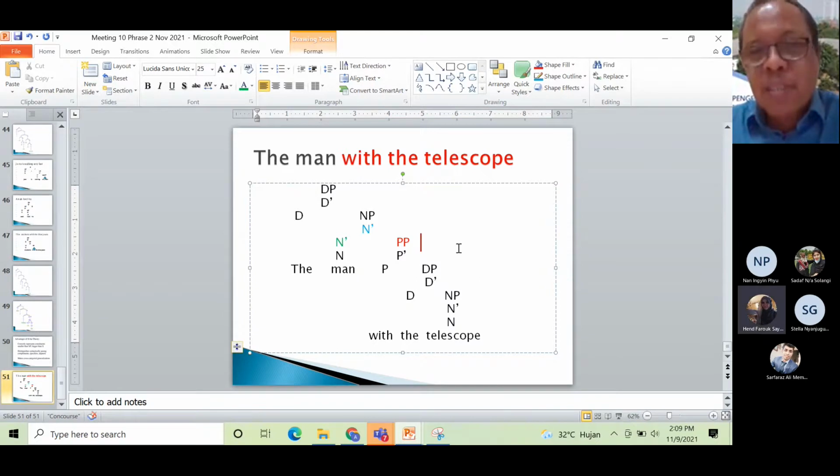If the mother node is not X bar, this is not correct. And if the sister node is not X bar, this is not correct as well. So the mother node and the sister node should be the same for the adjunct. This is to check whether your phrase structure tree is correct or incorrect.